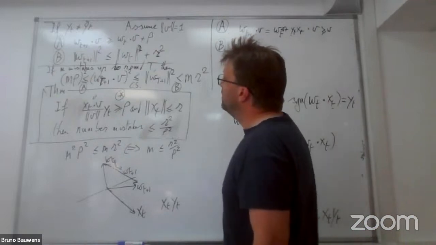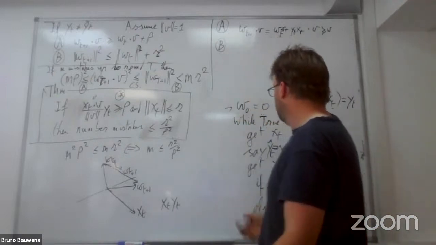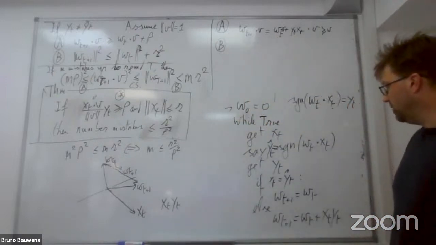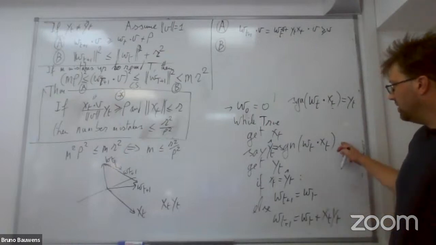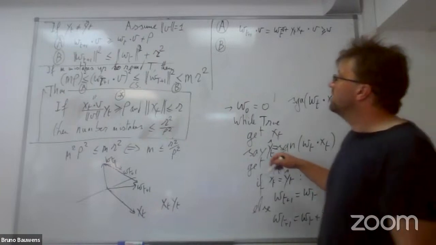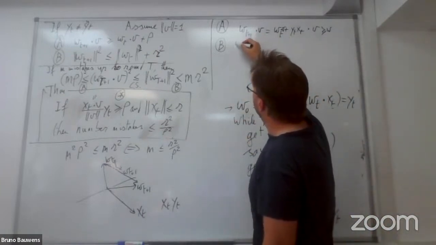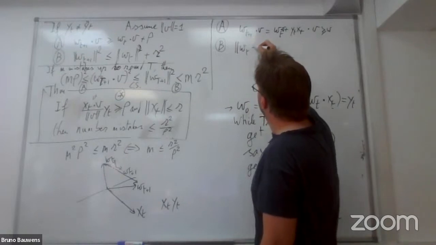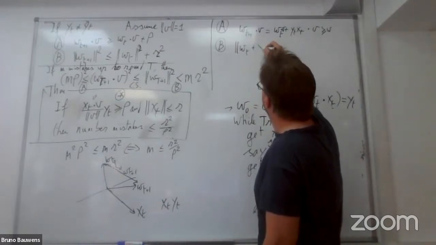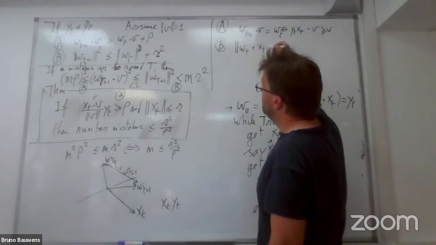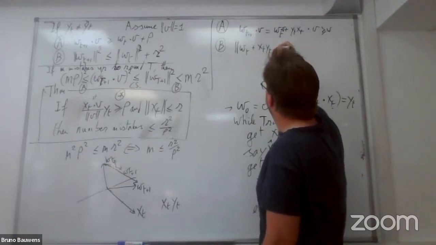And then for B, here we use the assumption that this sign is wrong. So let us write it. Again, substitute the definition of W T. So we have the norm of W T plus X T Y T, squared.